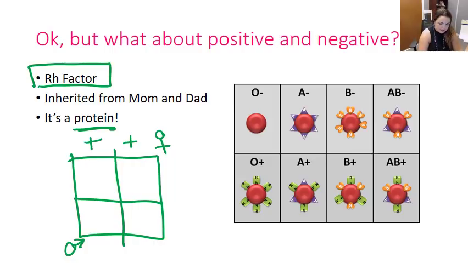And let's say that dad is A negative. So that means he has to be negative, okay? So then all of our kids would be heterozygous for RH factor. So what does that mean? That means that all of our kids are going to have a positive blood type. So if I'm O and my husband is A, our kids would be A positive.